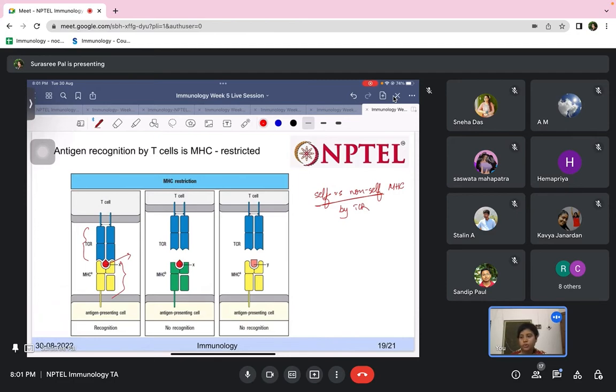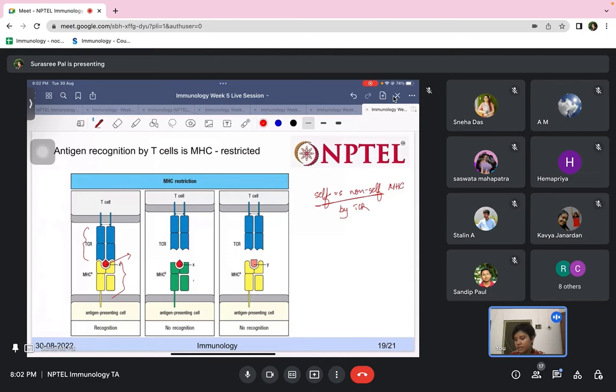So the MHC molecule will be treated as an antigen, and there will be immune responses generated against the MHC molecule, not any pathogen, but the MHC of another individual, if that is different from my MHC.